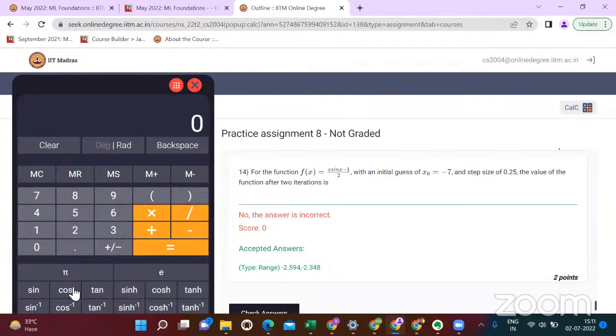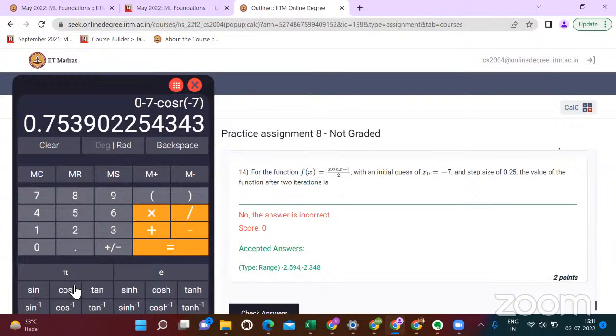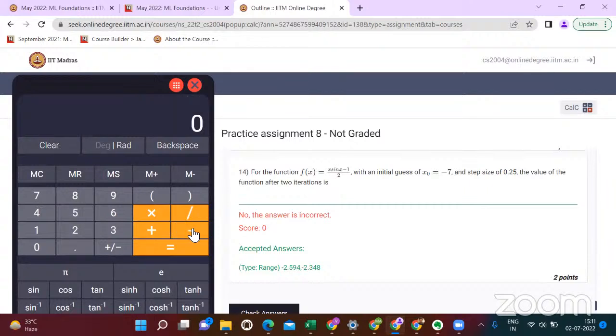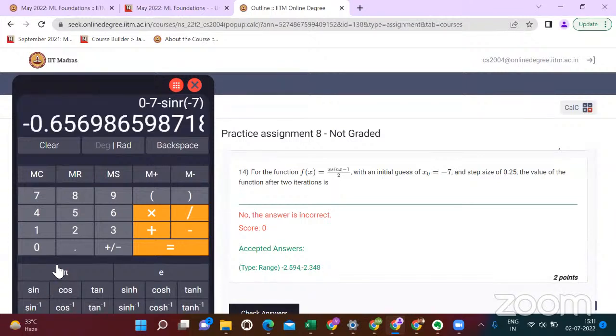So what was your problem? If I'm taking cos of -7, it's giving positive, so this one is right. Then if I go for sine of -7 in the form of radian, this minus after 7 makes a difference because it is calculated as a minus sign.